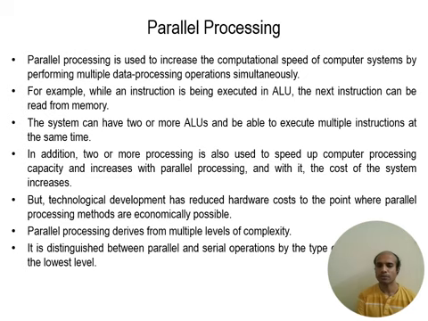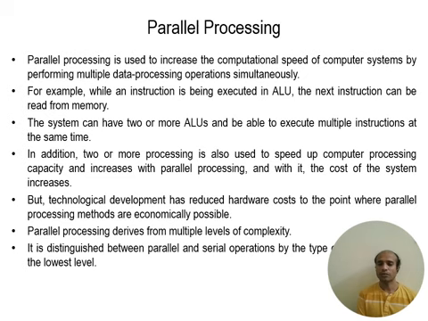For example, when an instruction is being executed in the ALU, that is arithmetic and logical unit, the next instruction can be read from the memory. So the system can have two or more ALUs and be able to execute multiple instructions at the same time.